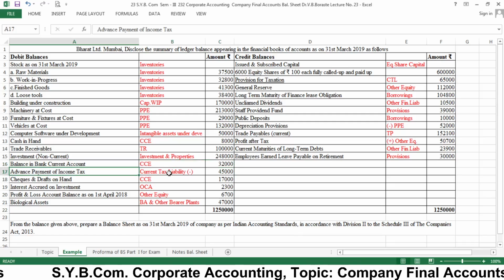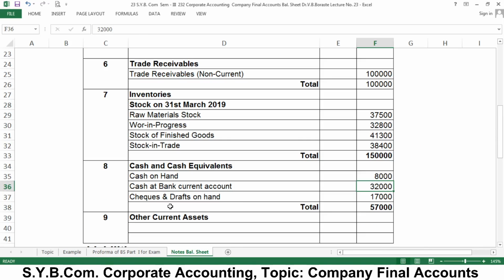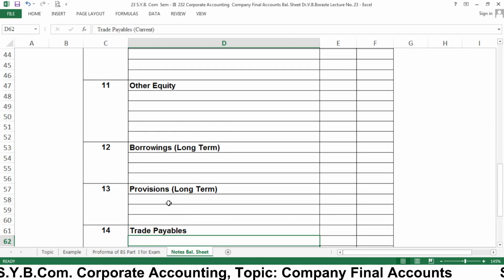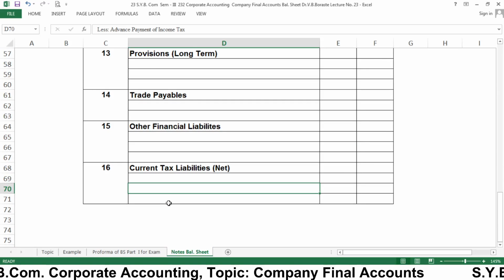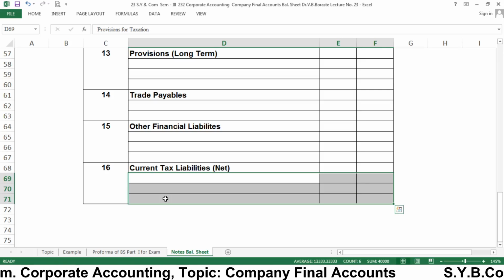After that, advance payment of income tax has to be deducted from current tax liability. So I am going down to the current tax liability, where we have to minus the tax.